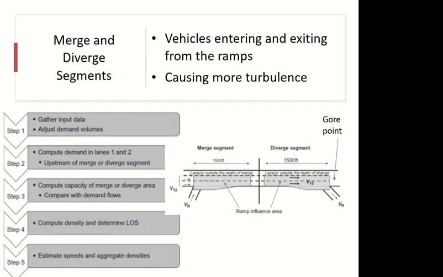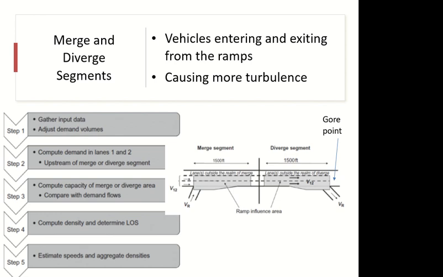For freeways, they apply to sections which are at least 1500 feet away from the ramp. If you are closer to the ramp than that, then the calculation which we have done will not apply there.